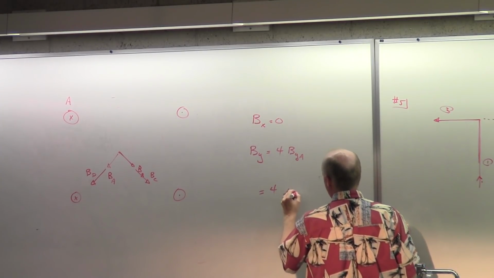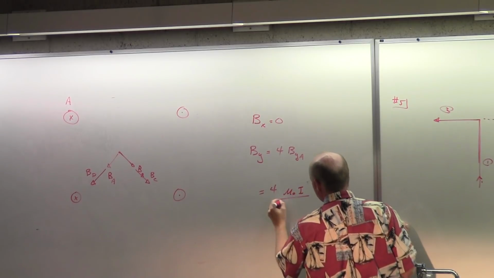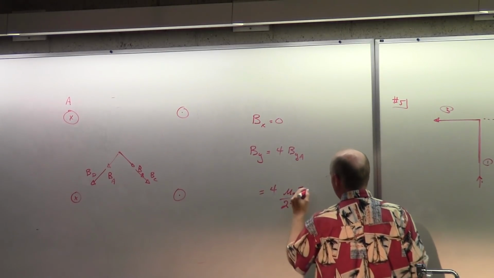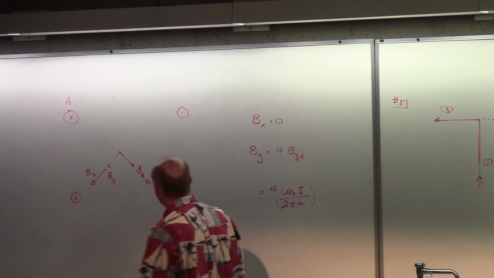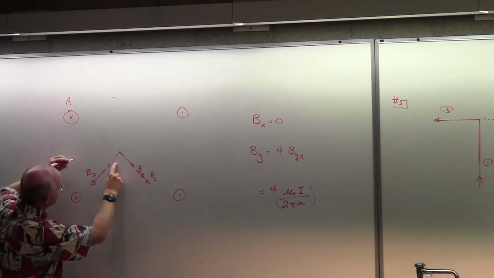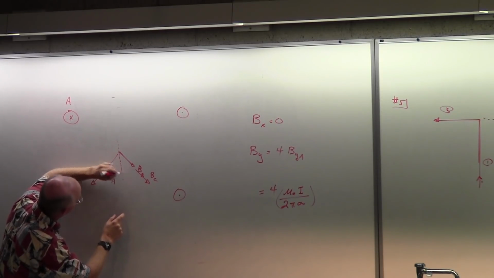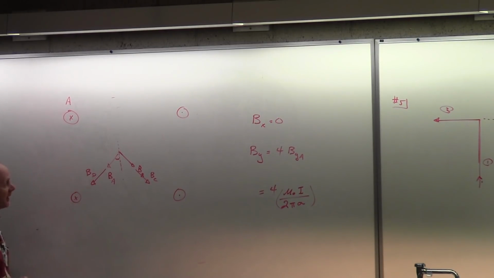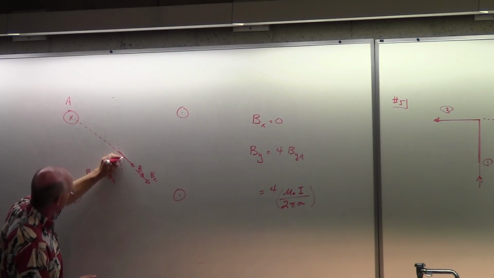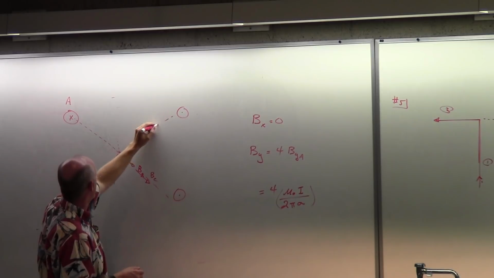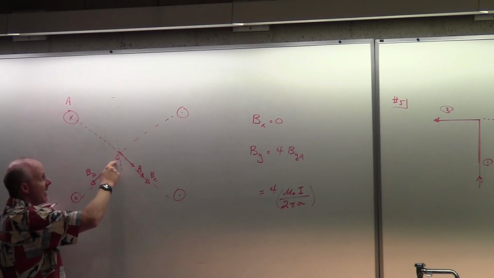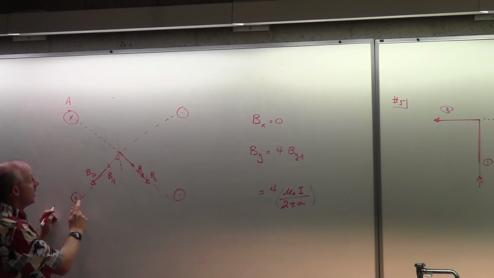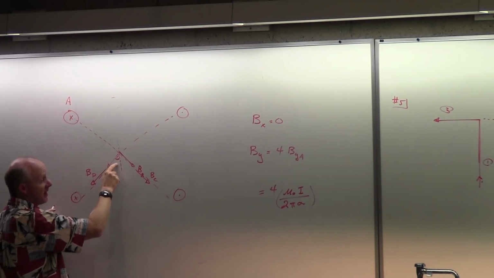Well, I know that the strength of the magnetic field for my wire is given by that equation, right? And so that would represent this magnitude. But then I got to say something about that angle. And of course, they put it right at the center of the square, so that you'll realize that A is along the diagonals from C to B. And so this is at a 45-degree angle.